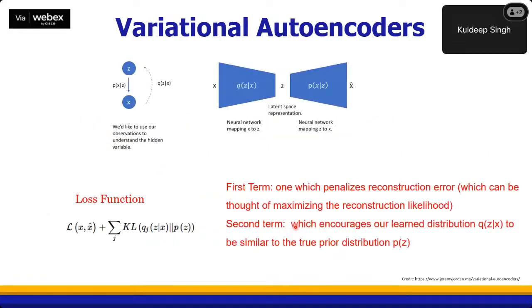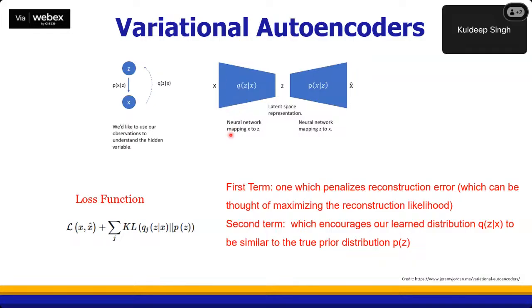Now, what we are going to do here, let's visit this graphical model. You can see here, we have X as input. We are going to infer this Z, which is the latent space representation.